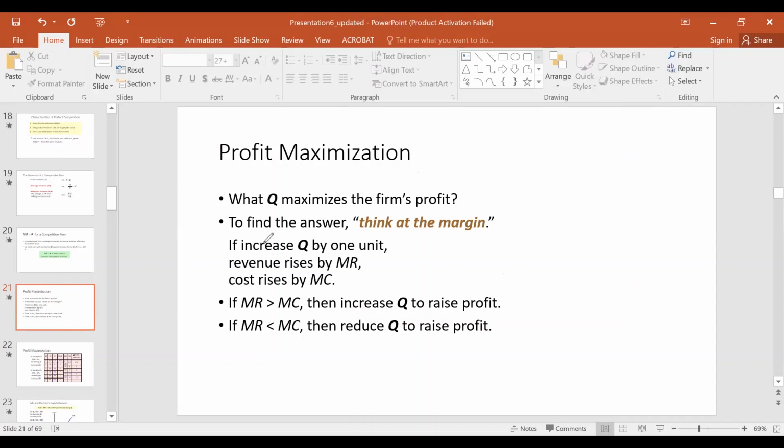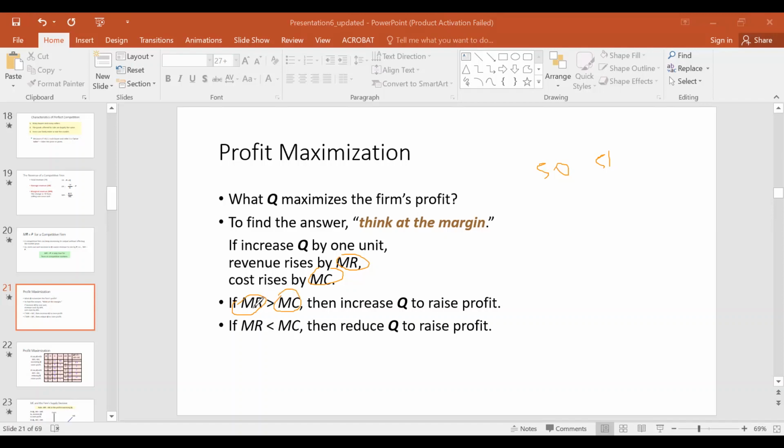If output increases by 1 unit, what is the additional revenue and what is the additional cost? Compare them. Let's say I'm producing 50 units of laptop. If I were to move to 51, what is the additional revenue by producing 1 more, and what will be the additional cost?